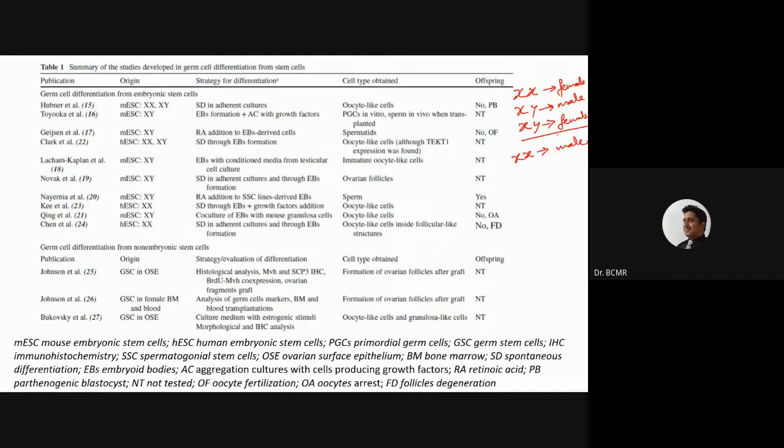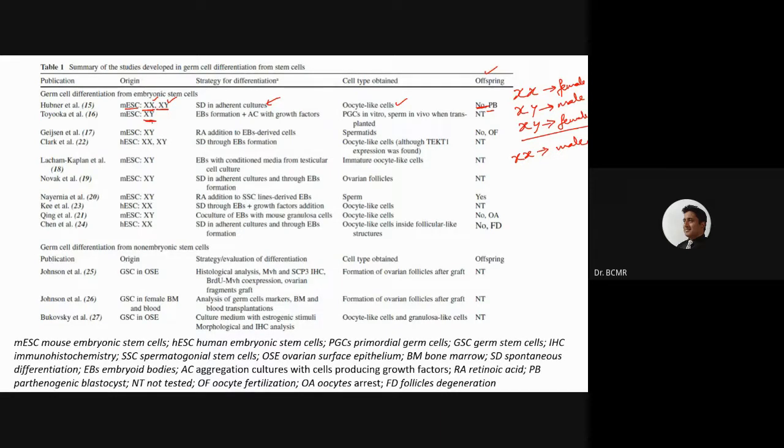What I mean by that is, say here, we might take XX mouse embryonic stem cells. We can take them from a female or a male, and through these techniques we can generate oocyte-like cells. Whether offspring is formed or not is not determined here. Here is XY.